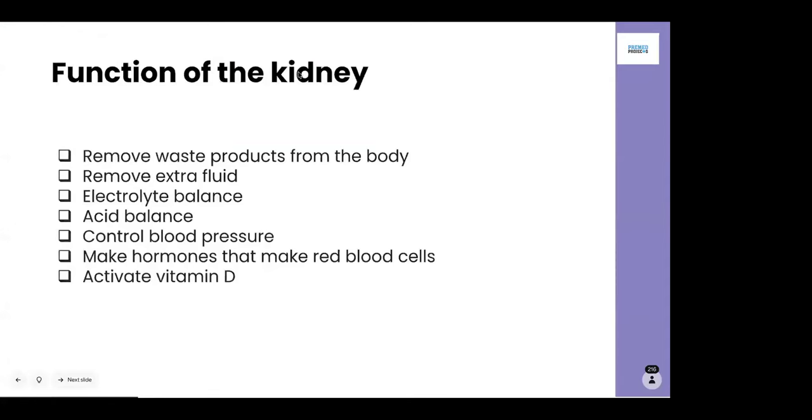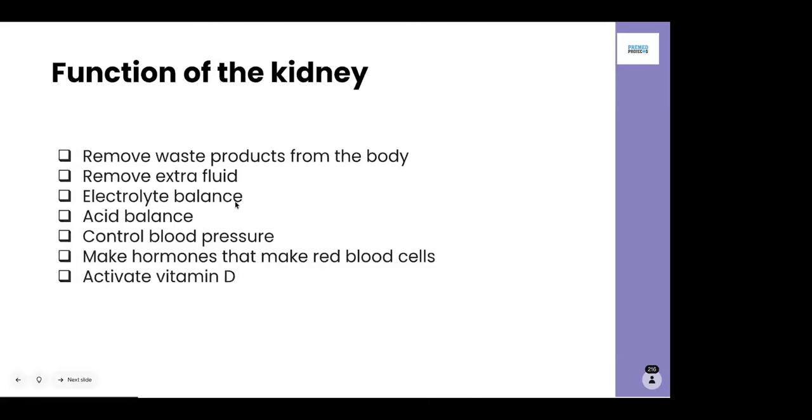So what is the function of the kidney? The kidney removes waste products from the body. It removes extra fluid. It helps with electrolyte balance, so it helps with the balance of things like sodium and potassium, and other minerals. It also helps with acid balance. It helps control blood pressure via a very clever system because the kidneys actually communicate with other organs as well.